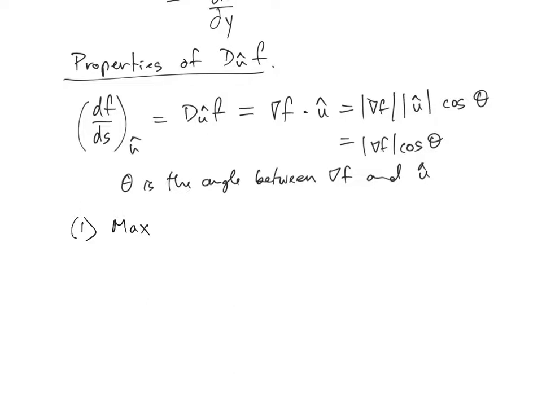So the maximum value that cos theta can have is 1, which means the maximum of your directional derivative is equal to what? The magnitude of the gradient vector. That's the maximum value of the directional derivative. And you get that when cos theta is equal to 1, which is when theta is equal to what?